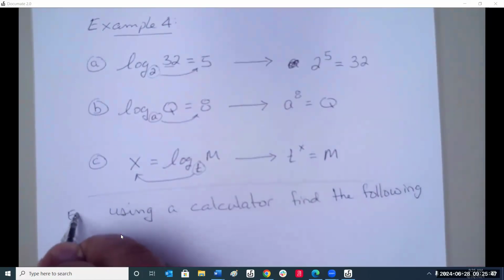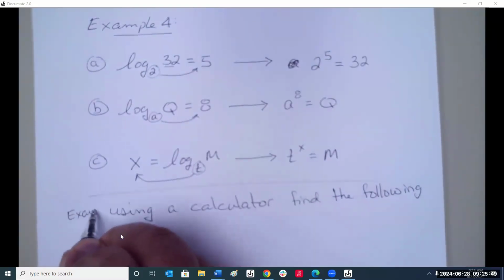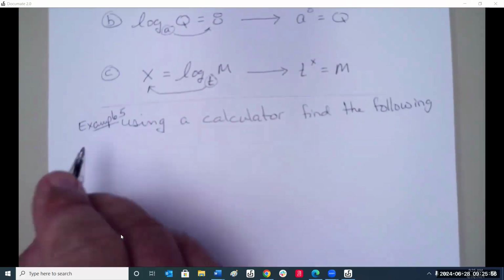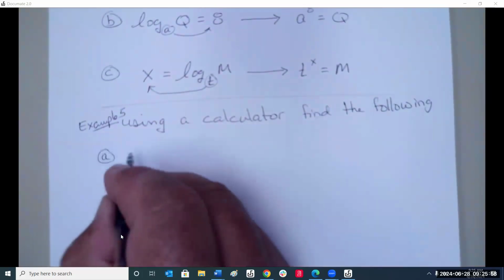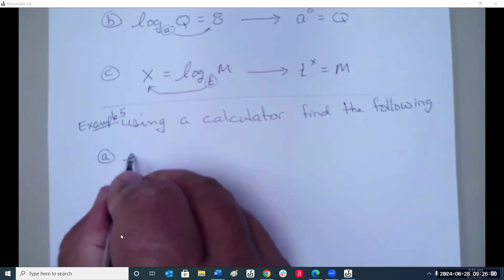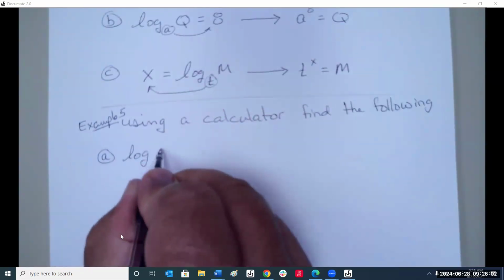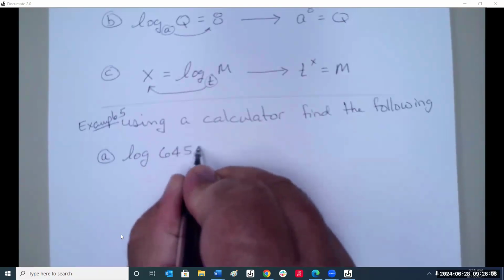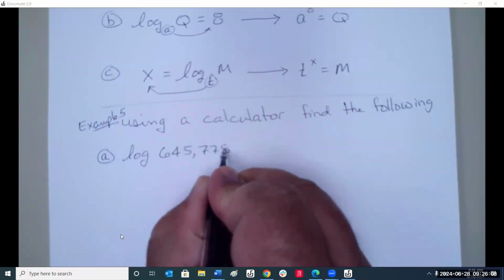This is example 4 or example 5. So the first one is log 645,778.